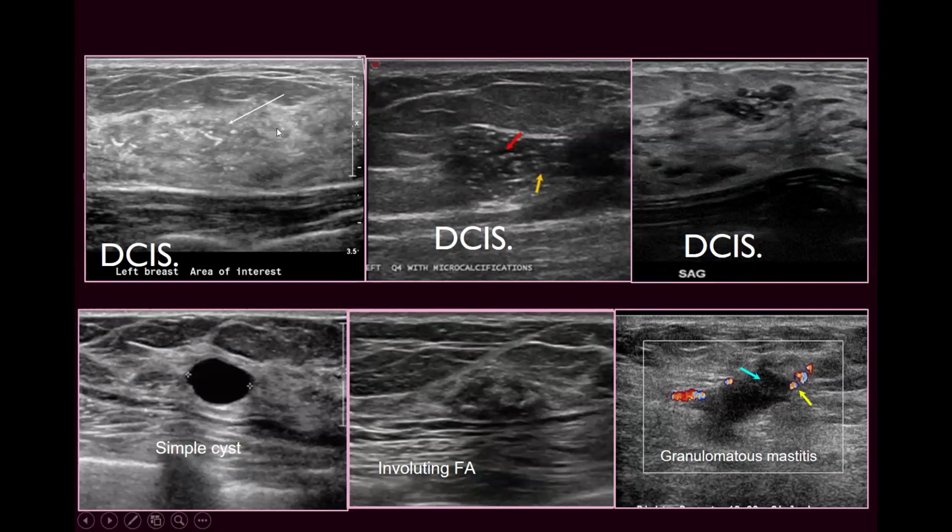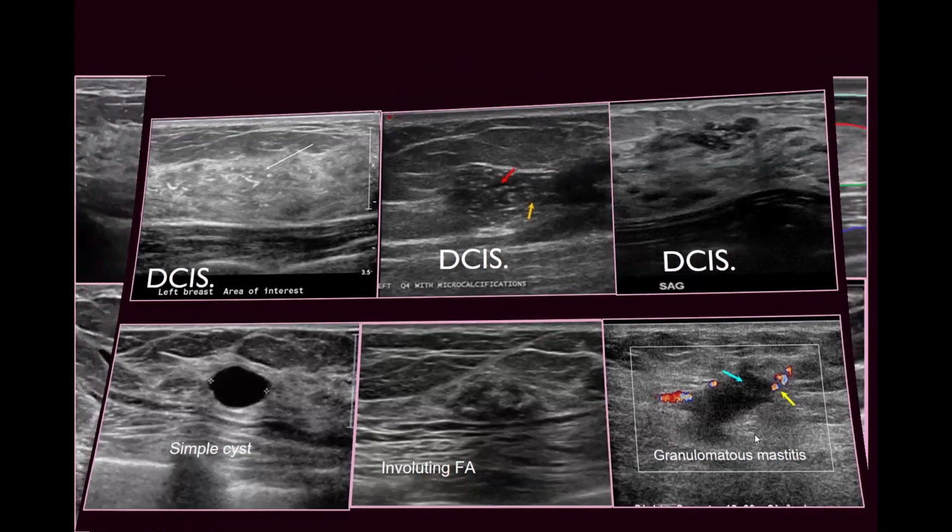So these are all examples of DCIS, all present within the mammary zone. This is a cyst within a mammary zone, an involuting fibroadenoma, granulomatous mastitis, all within the mammary zones.